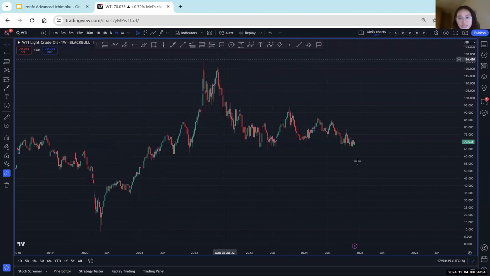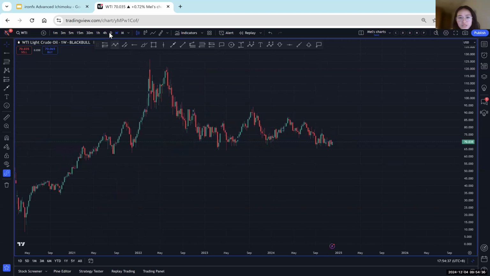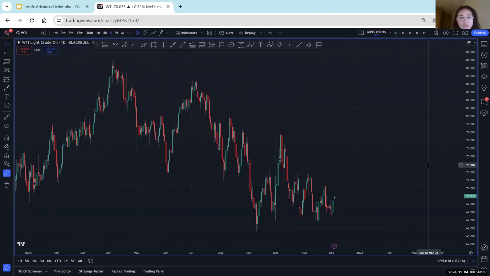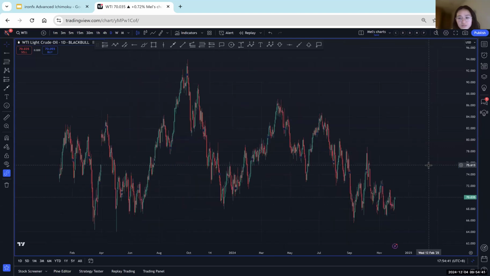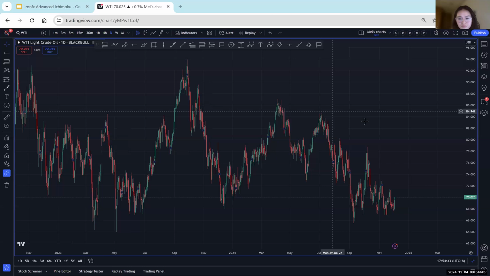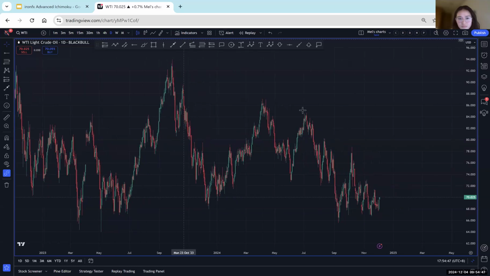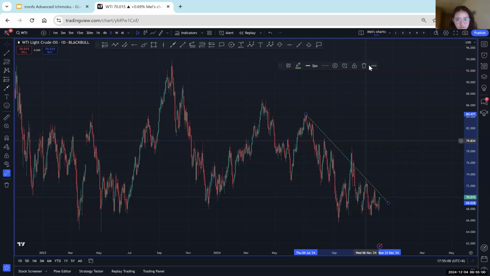Okay, so on our weekly time frame, we have prices generally moving downwards, daily time frame as well. Okay, we don't have a descending trend line because price broke out of that trend line over there.